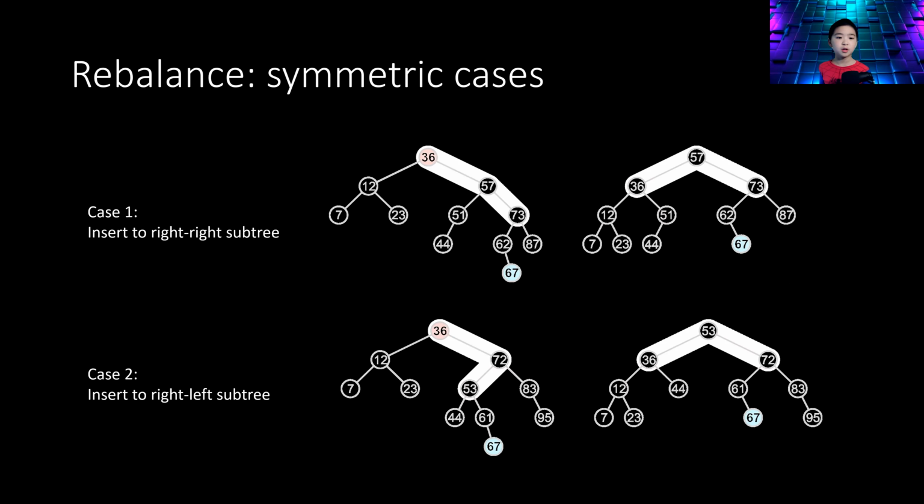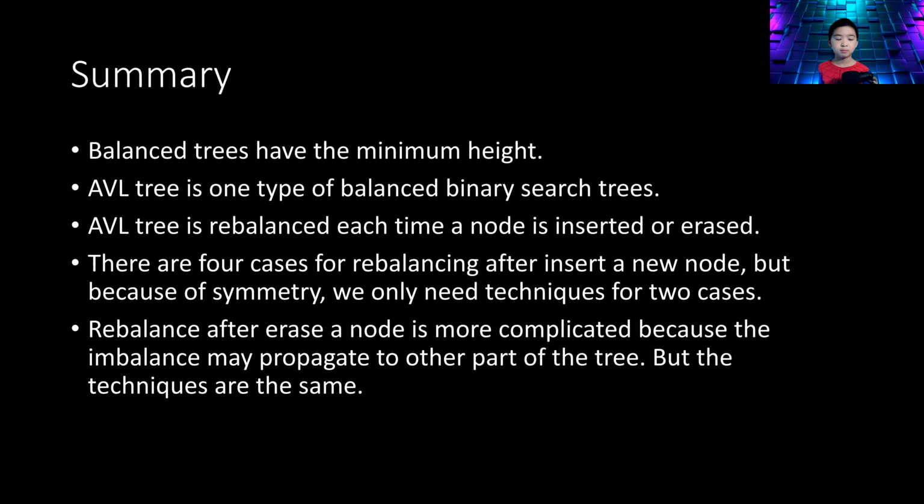So far, we only talked about two general cases, but we can easily mirror those two cases, and then we get another two. All operations can be mirrored too, so we will skip them here. So in summary, to minimize the height of a binary search tree, we need to balance it.